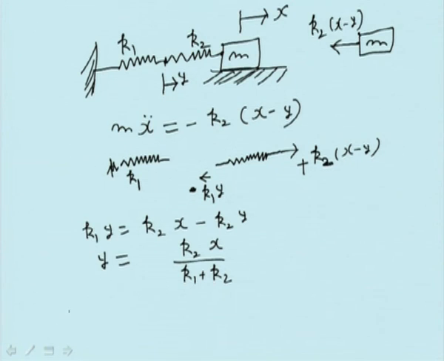Therefore, your equation becomes m x double dot is equal to minus k2 x minus k2 y, and this y is k2 x divided by k1 plus k2.